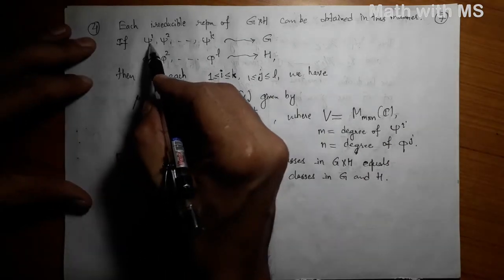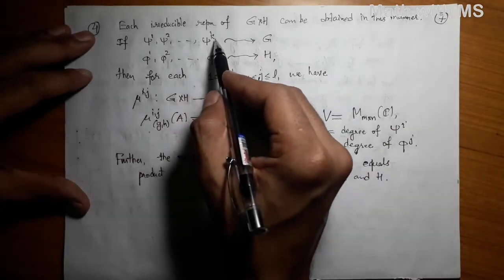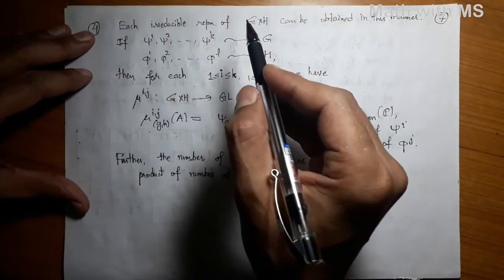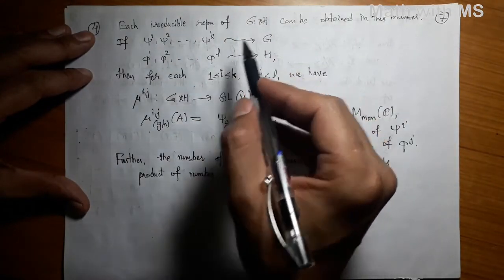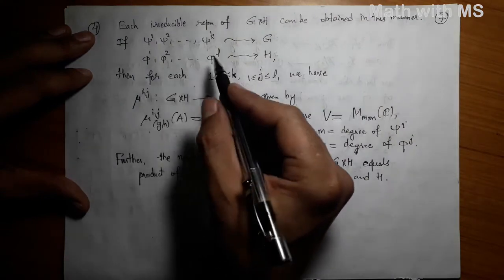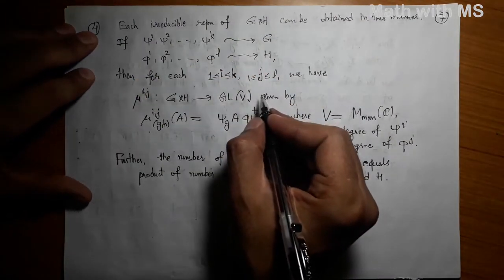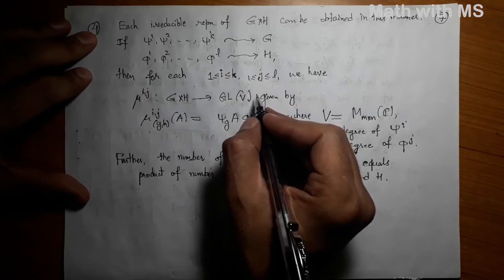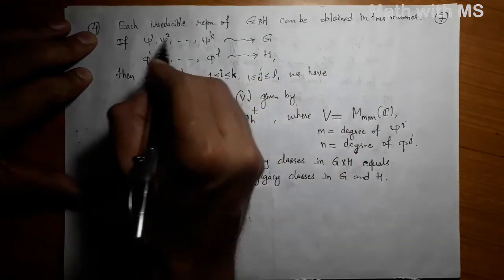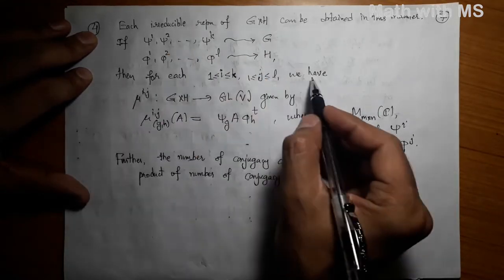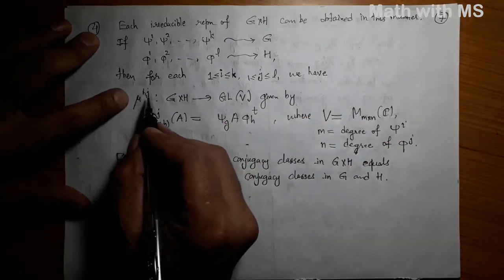So let us say psi_1, psi_2, and so on, psi_k be a complete list of inequivalent irreducible representations of G, and phi_1, phi_2, and so on, phi_l be a complete list of inequivalent irreducible representations of H.